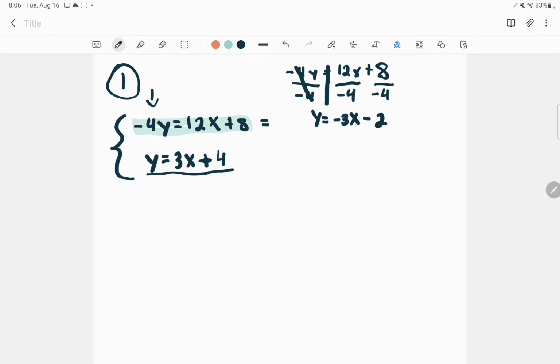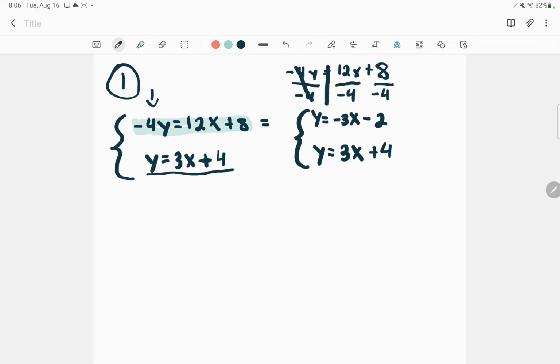We have a positive on top and negative on the bottom, so it becomes negative. Now we have my equation right there. So I'm going to rewrite my system of equations. I have y is equal to negative 3x minus 2, and y is equal to 3x plus 4. Now, that was the hardest part, I would say, for this problem.